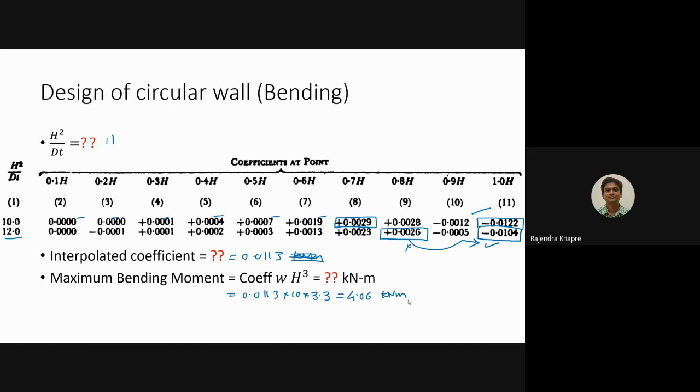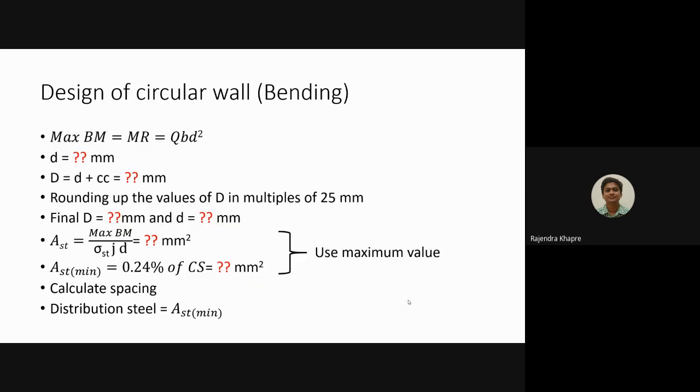But still, as per the design process, we have to find out the reinforcement and the depth required to resist this much bending moment. So your maximum bending moment is 4.06 kilonewton meter, and this will be the same as the moment of resistance.